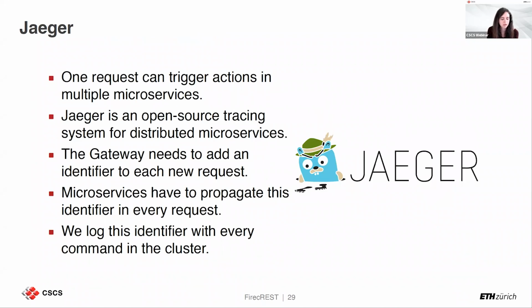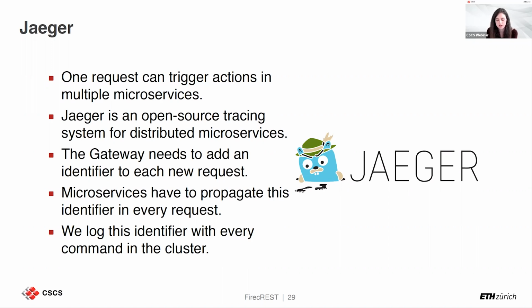And finally, another useful component of the system is Jaeger. The reason Jaeger is useful for FirecREST is because one request can trigger actions in many microservices, and then it becomes very complicated to track the problems.